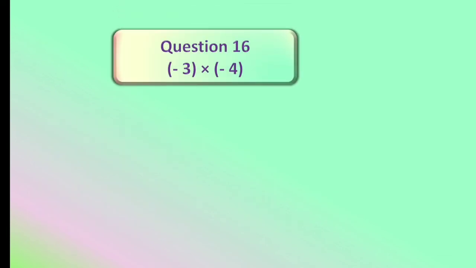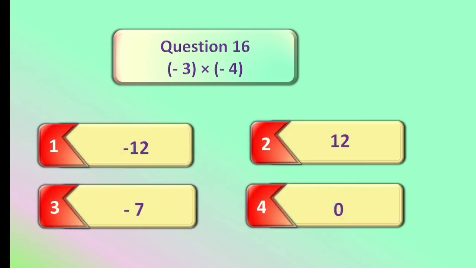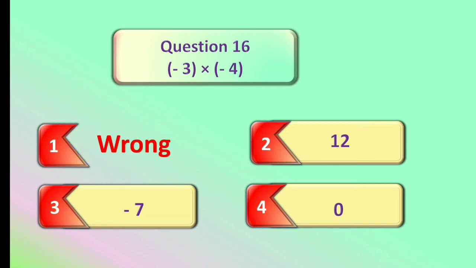Next, change over. Question 16. Now multiplication sums. Minus 3 multiply minus 4. Second option is correct as we need to count negative sign.